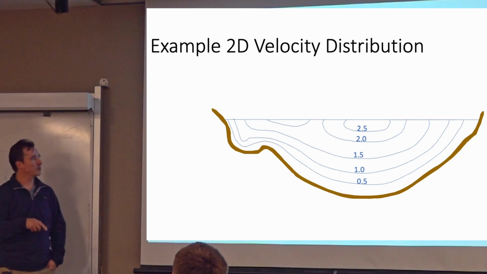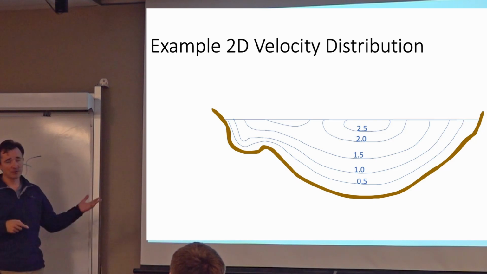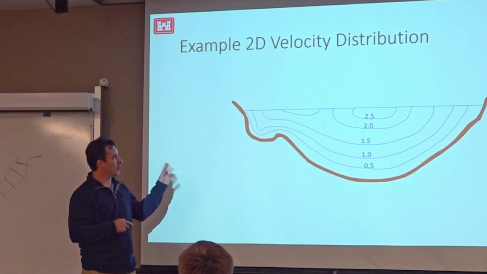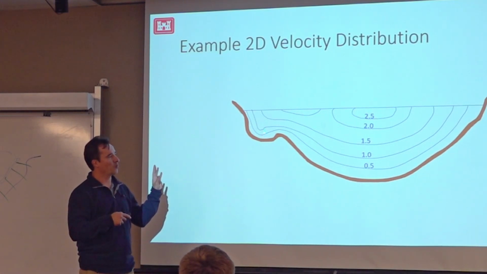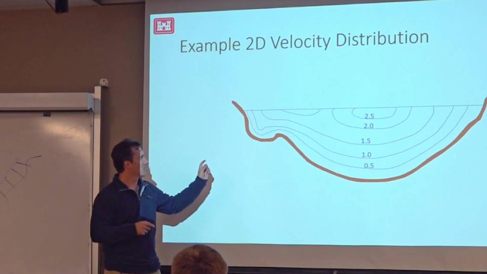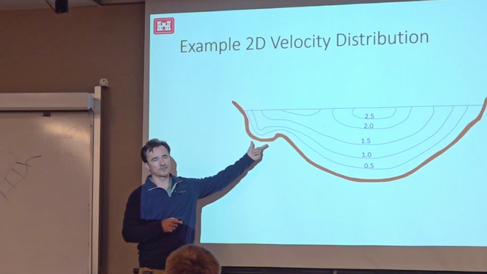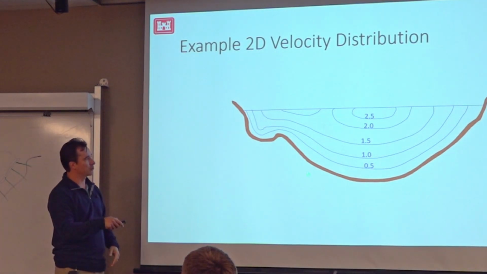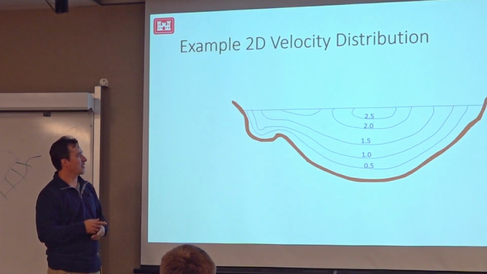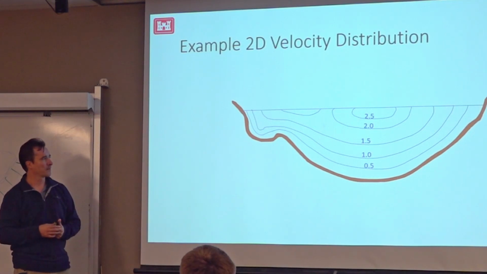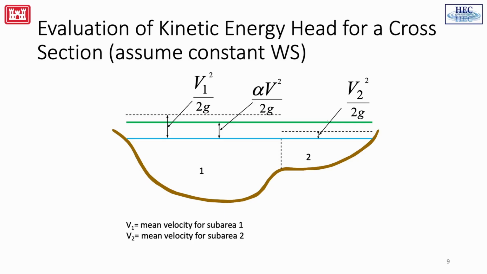This is an example of what an actual flow distribution would look like. RAS is 1D, right? So you would have to consider what the real flow distribution would look like in subdividing your channel into bins for the conveyance calculation, right? You want to look at the natural breaks in the cross section, or changes in roughness, to distribute your bins for the cross sections. This is one of the parameters, alpha, that we utilize.